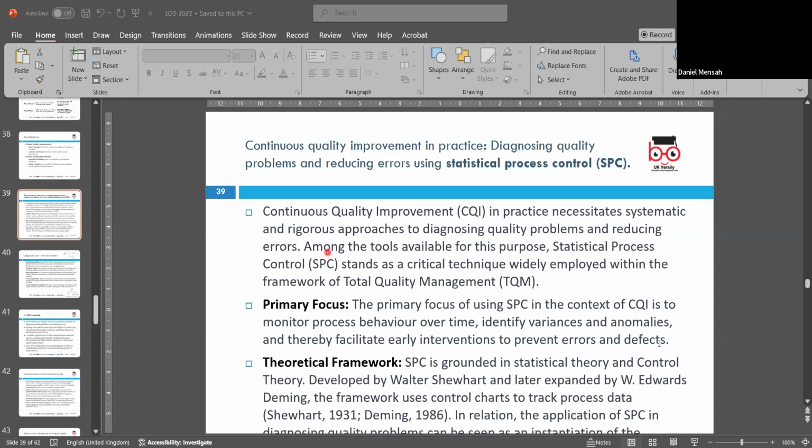So statistical and control theory uses data and control charts to track and analyze process stability and variability. Through these charts, they can analyze whether their processes are stable or whether there is any kind of variation. If there is variation, it means it is leading toward issues and problems.